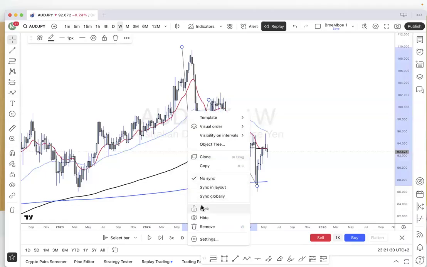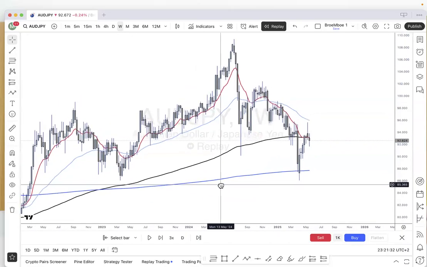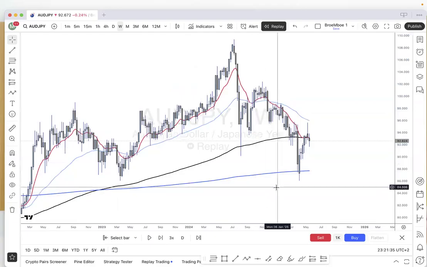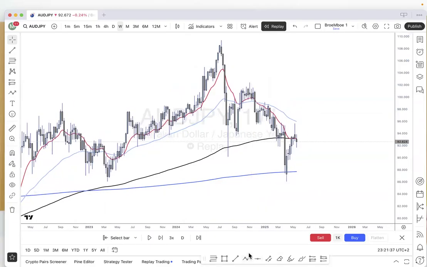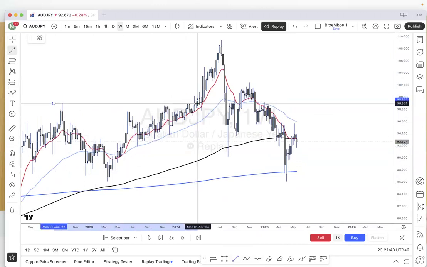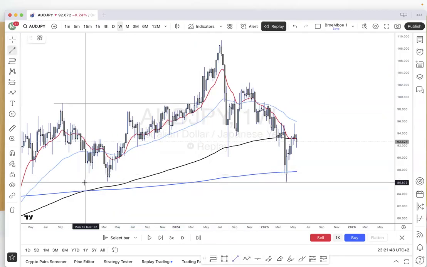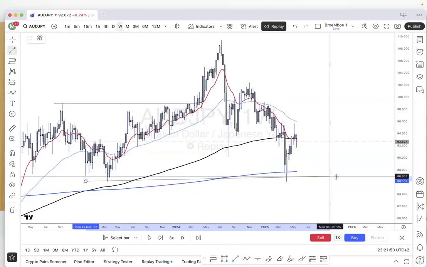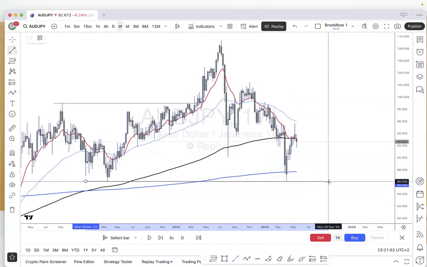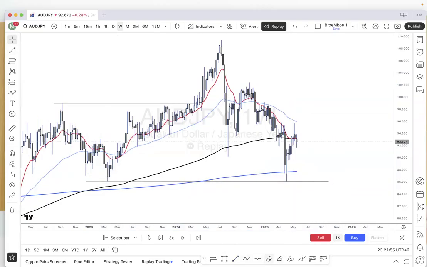Price hit a high here, which was broken in this area, and then price hit a low there, which we have actually matched. You can see how price has equaled this low, right at the dot.